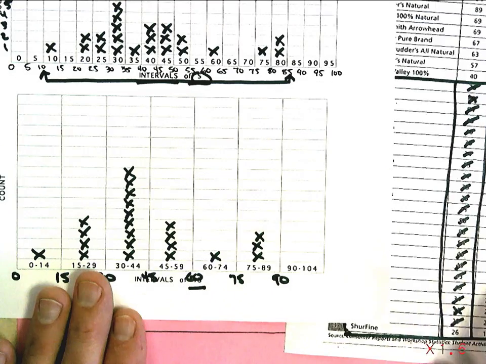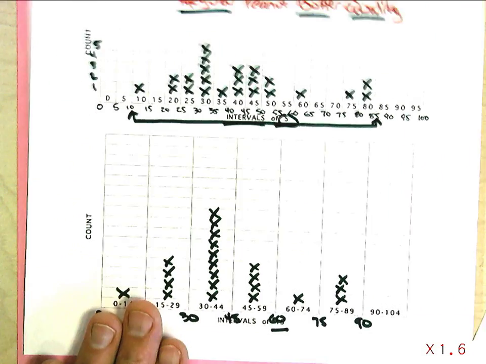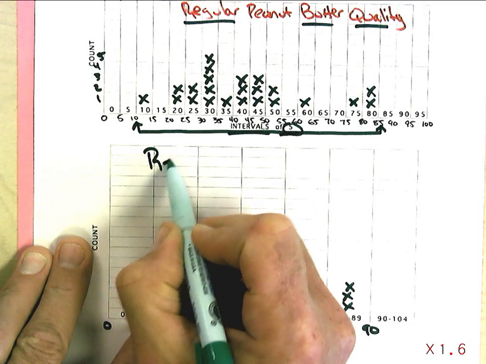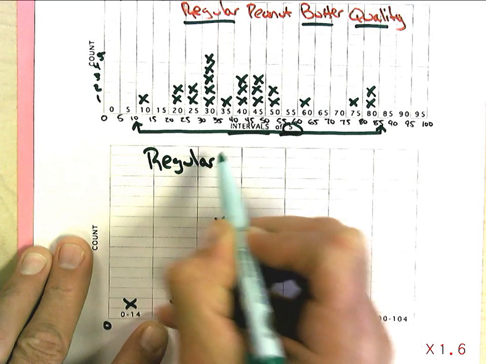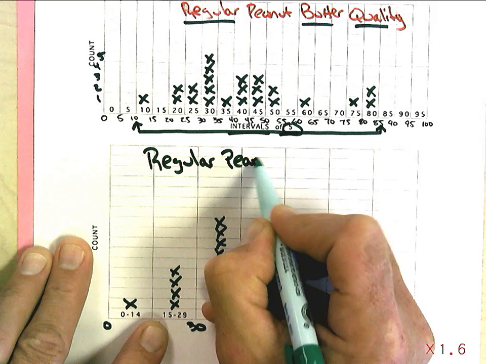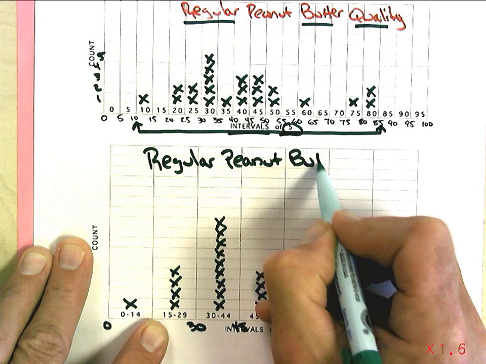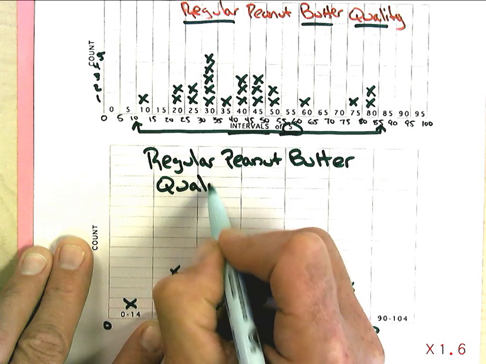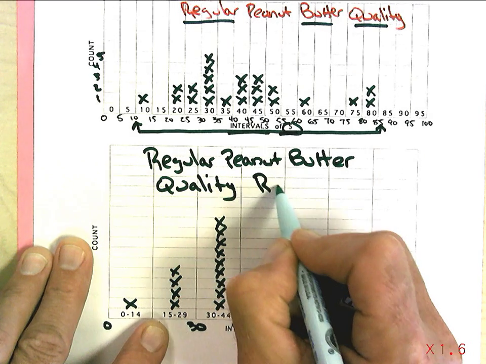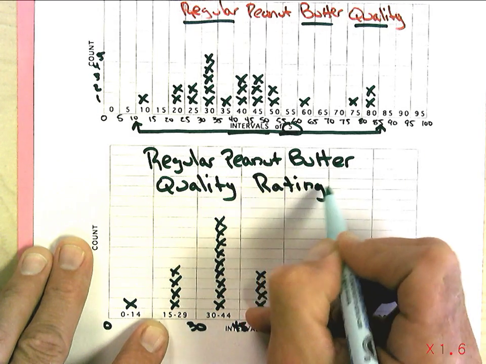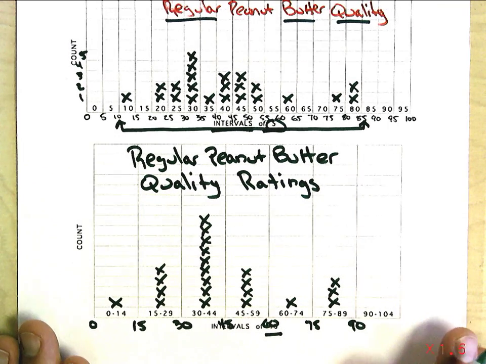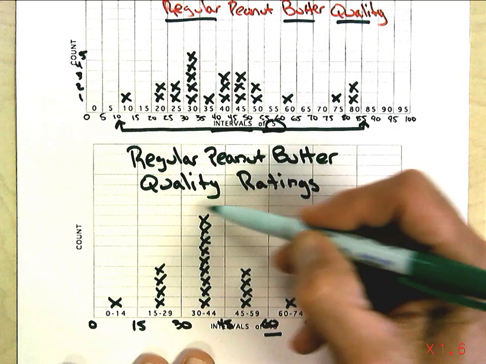And so I've used all the numbers, and now I have again a regular peanut butter quality ratings histogram. These are histograms, kind of like a bar graph, but again, I'm just keeping track.